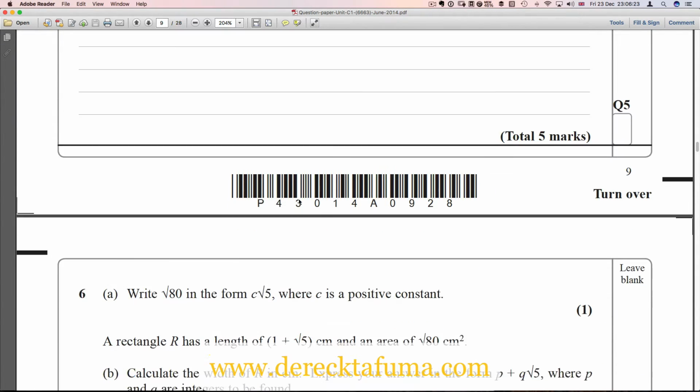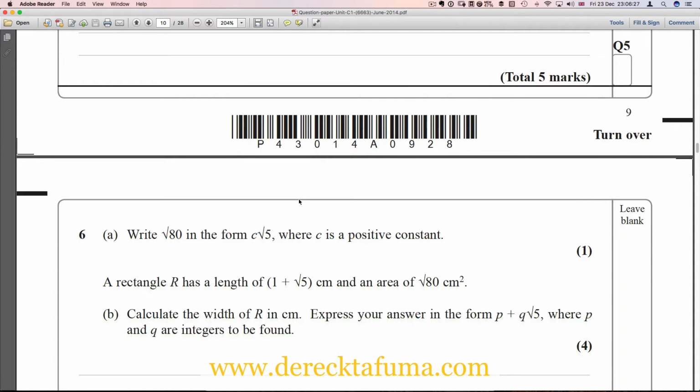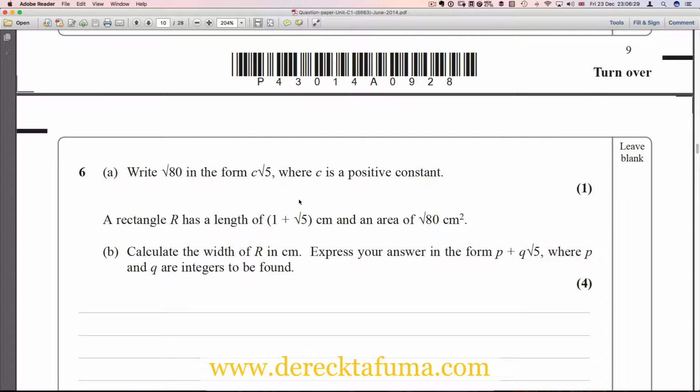Next question is 6, and here it is. Number 6. Let's copy that question. Done.